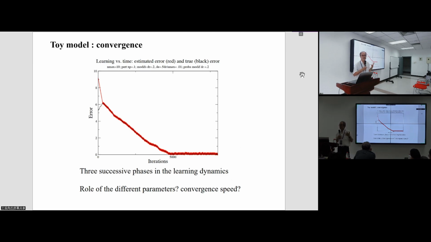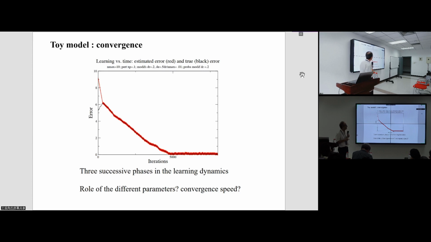So in the first phase, when you perturb the movement, it doesn't improve, actually it deteriorates. But what you gain in this first phase is that your estimated error coincides more or less with your real performance. Then when you have a good estimate of the error, both go down together.